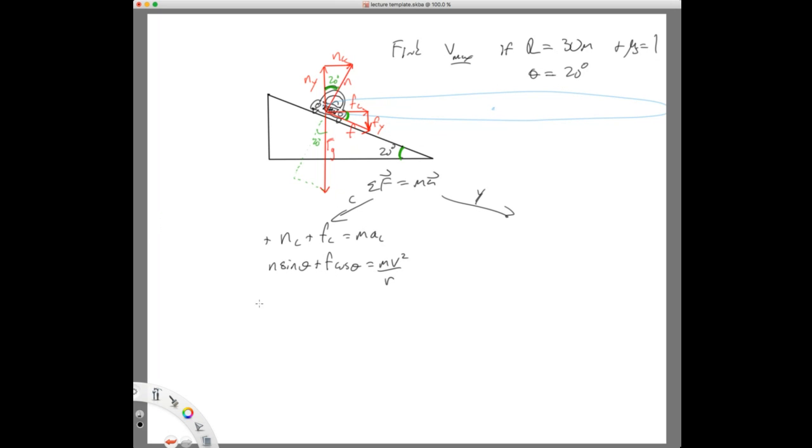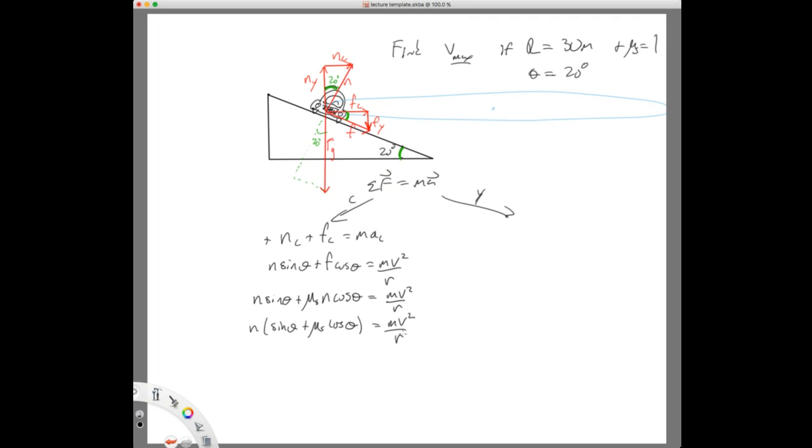And we know that friction is mu times normal, so this is N sine theta plus mu static N cosine theta, and that's equal to m v squared over r. We can even factor out the normal force here, looking ahead to the fact that we're going to have to substitute the normal force out of our equation at the end of the day.